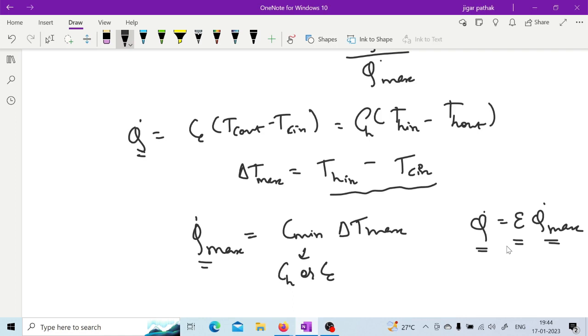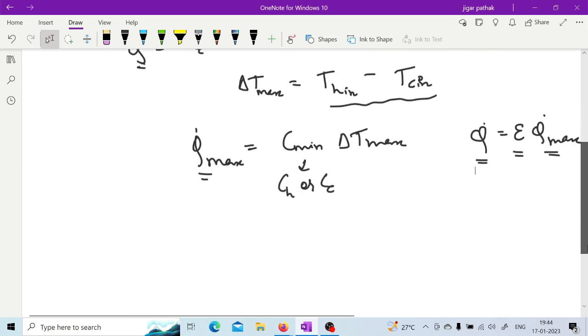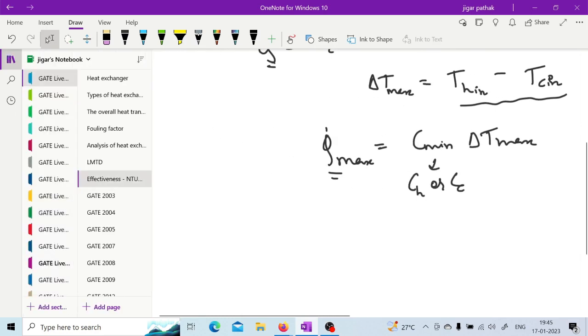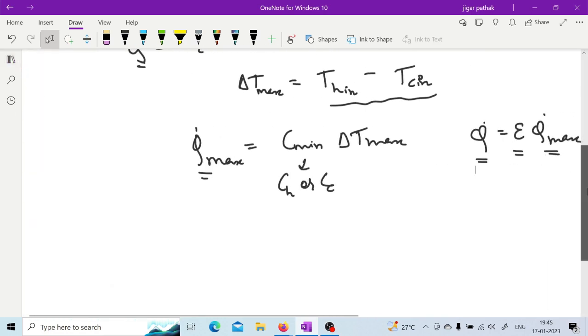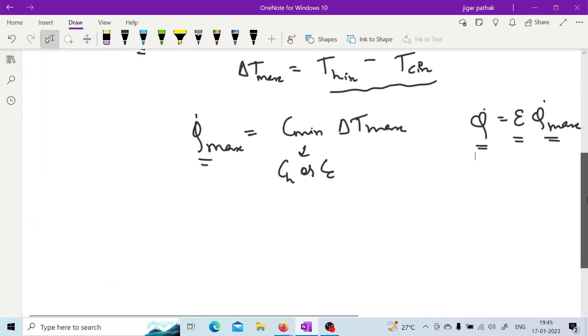Apart from this, what you are interested in is how you can calculate the effectiveness for a parallel flow heat exchanger.